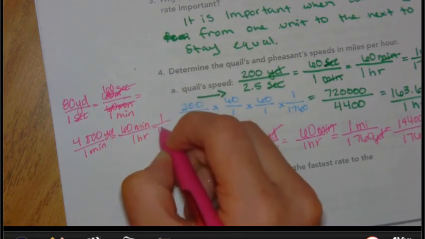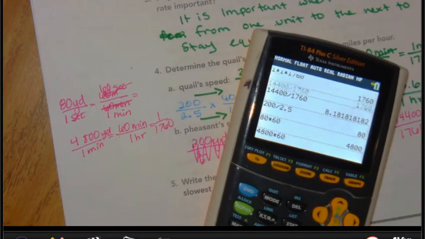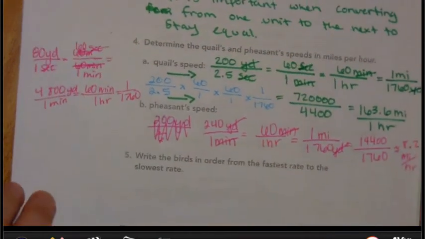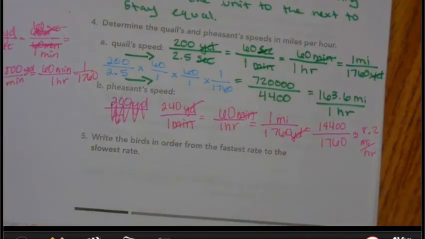And then we're going to have 1 over 1760. So 4,800 times 60 divided by 1760. I still get to the same thing. All right, so I just wanted to make sure. Okay, so now that we have this, wow, I don't know why I'm so off. I'm just trying to double check my answers.